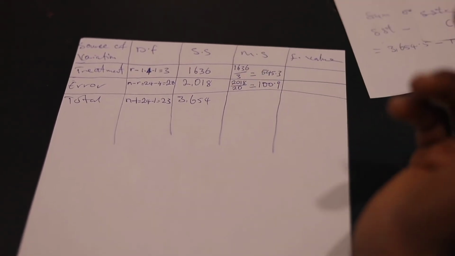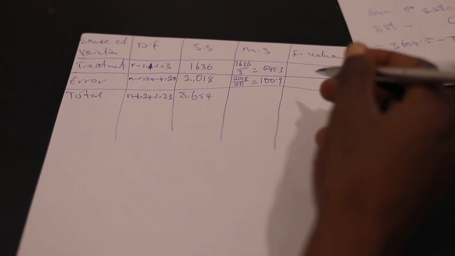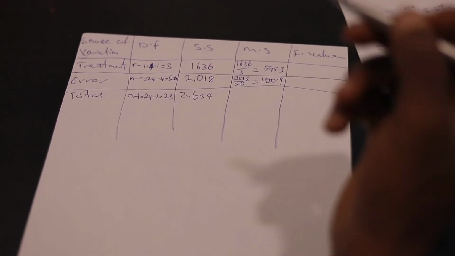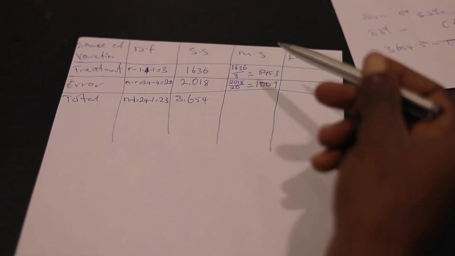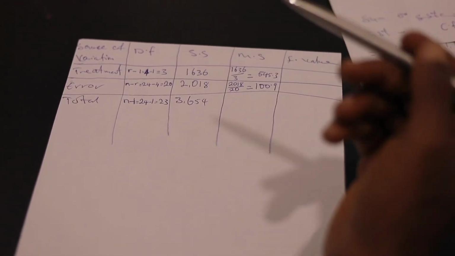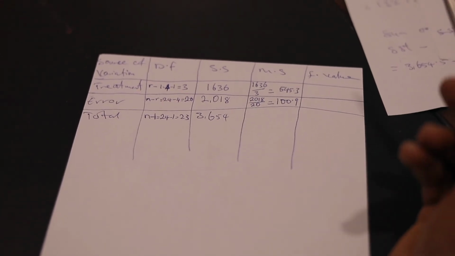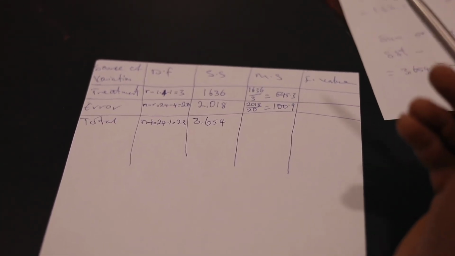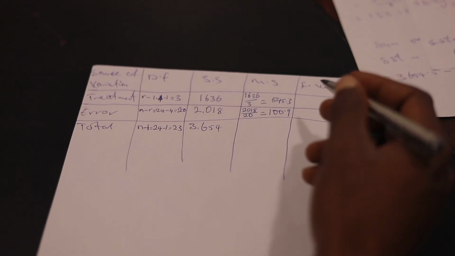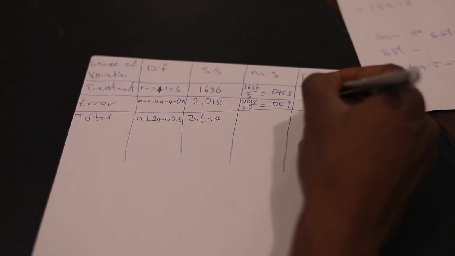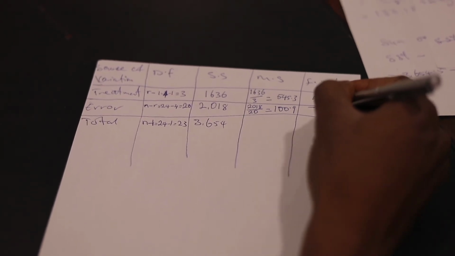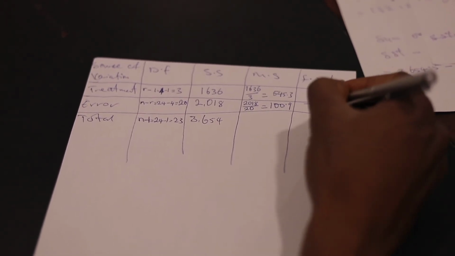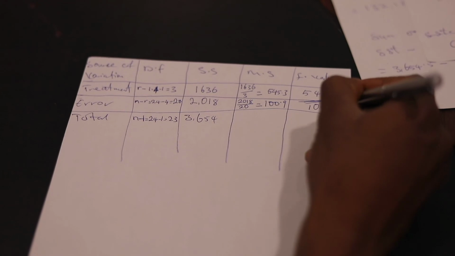Now for the F value, we say mean of square treatment divided by mean of square error. So that is going to be 545.3 divided by 100.9.